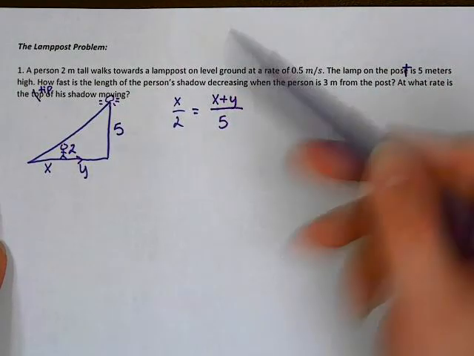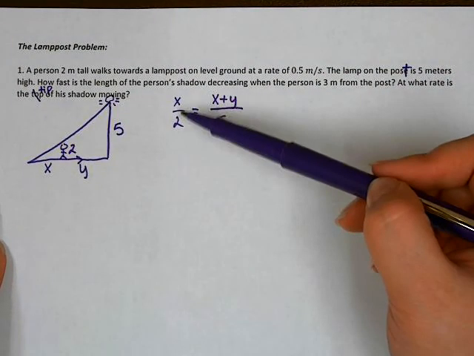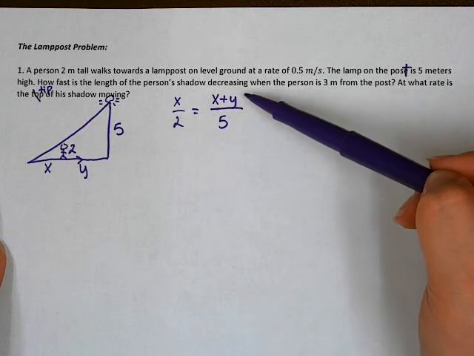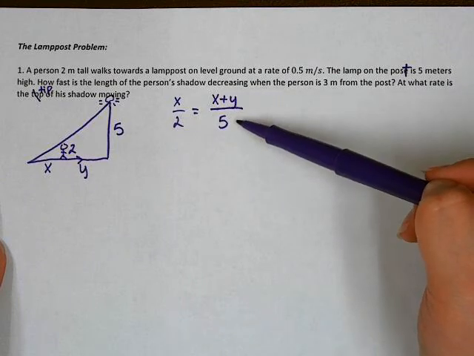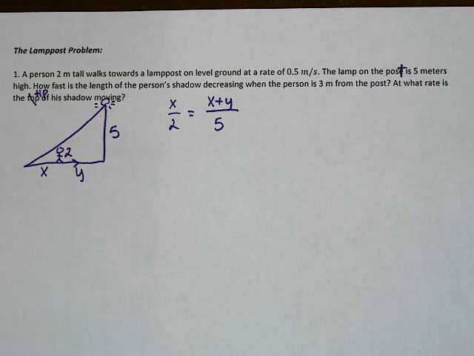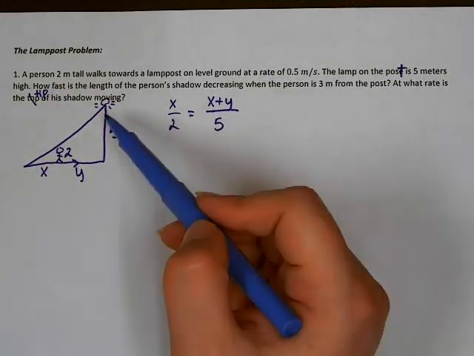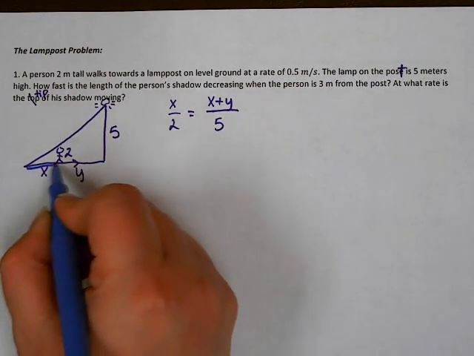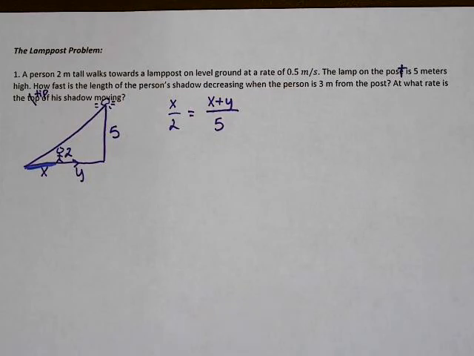So essentially what we're looking at is the guy's shadow over the guy's height, and that's equal to the lamppost's shadow over the height of the lamppost. Because if we think about it, if the light is shining this way, then this is the guy's shadow, that distance x. Okay? So that's important to know.